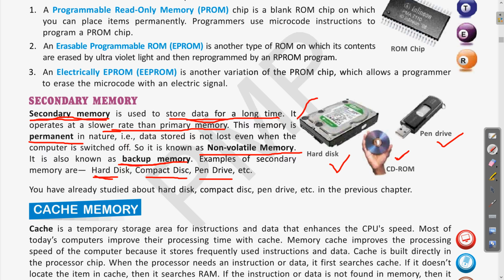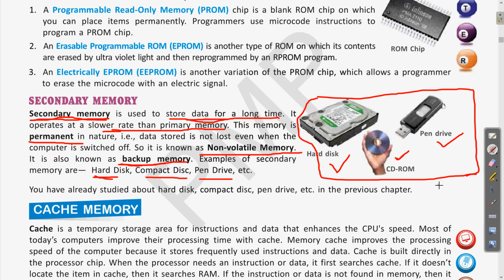Clear? So why is it called permanent memory? Because the data in this memory will be saved permanently and will not be deleted. Because of this quality, these are also called permanent memory, non-volatile memory, and backup memory. So these are the different names for the secondary memory.